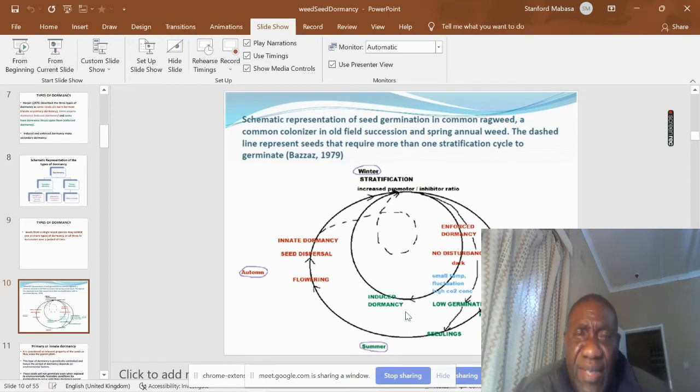So I'm going to use the dormancy status of a common ragweed, which was studied by Baskin in 1979. I just want to explain how weed seed dormancy can change over a period. On this diagram, I want you to notice that we have summer, autumn, winter, and spring.